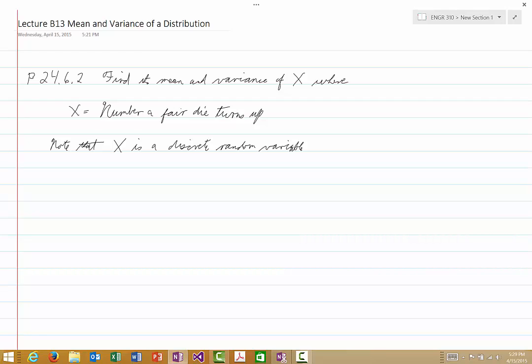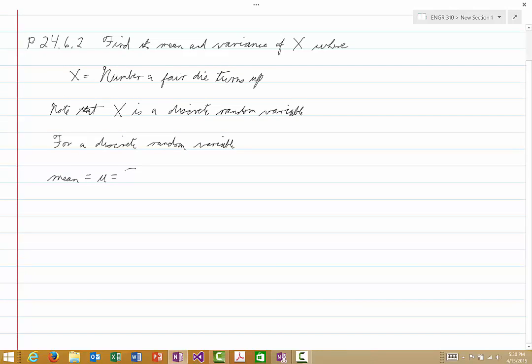Now, for a discrete random variable, the mean, which is designated mu for both discrete and continuous random variables, but the way that it is defined for a discrete random variable is the sum over j of f of x sub j times x sub j.